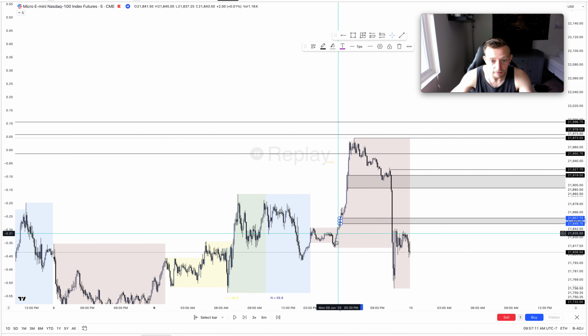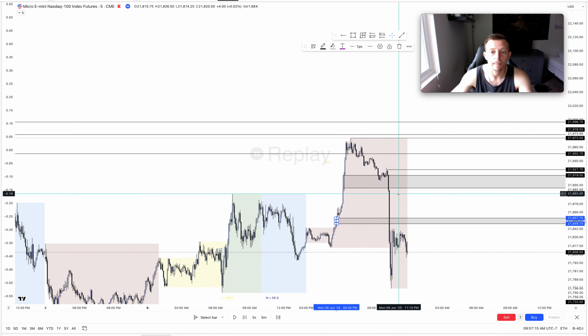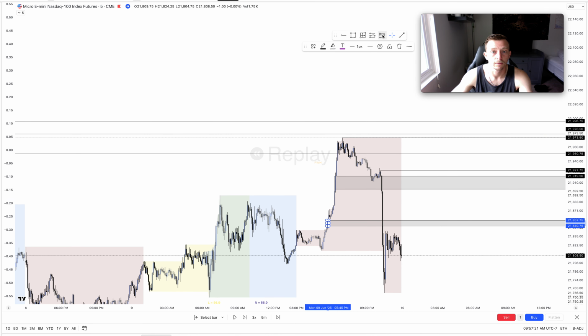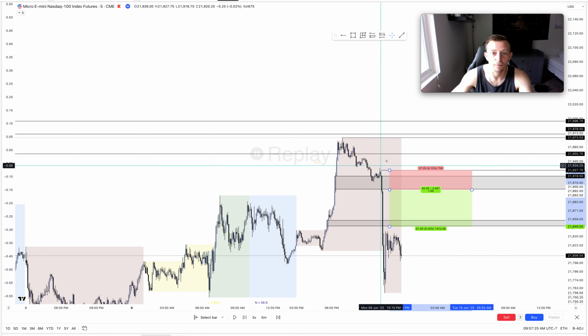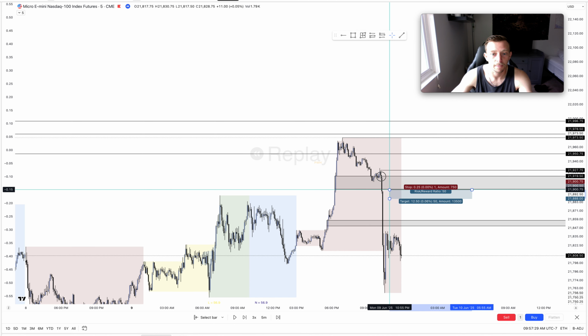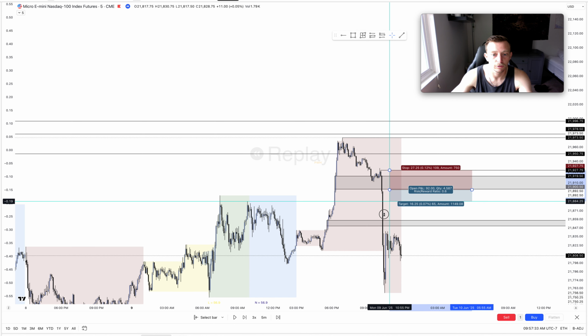So I rode that down to here again. So I took 2 shorts for like $700. So I think this one was right here at this high.